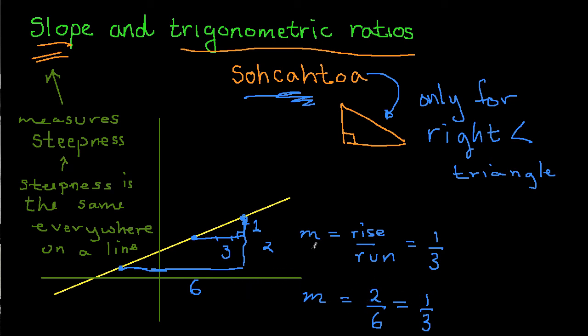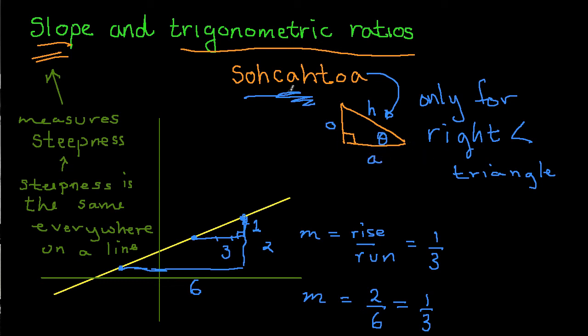So now, in order to link this into SOHCAHTOA, let's remember that with SOHCAHTOA, if we pick an angle, say this angle right here, then what we need to do is label the sides of our triangle. The one opposite the 90 is always the longest, and it's called the hypotenuse. The one opposite the angle that we're working with is called the opposite, so this is opposite. And then the leftover one, which will be beside our angle, is called adjacent.